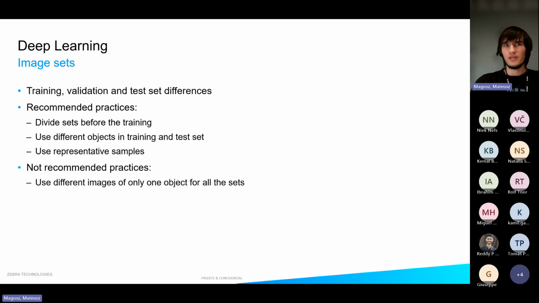If you take more images of your unique part, you should put them all in training or test set. You shouldn't have like 3 images of one part and put 2 of them in training, 1 in test. Because, I mean, it will give you better results, right? Because you will have the same image in training and test set.